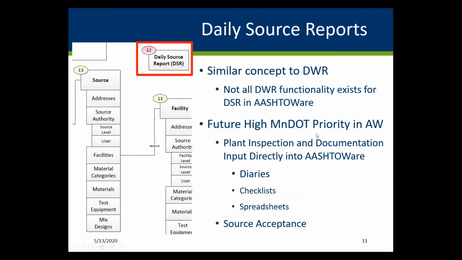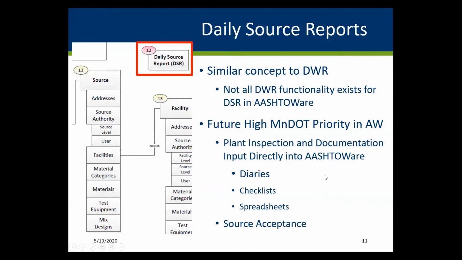There's a similar concept to the DWR, but unfortunately right now, not all of the functionality that a DWR has exists. For a DSR, we hope to get this into future versions of AASHTO, and it is a high priority for MnDOT, but right now our labs are our highest priority.